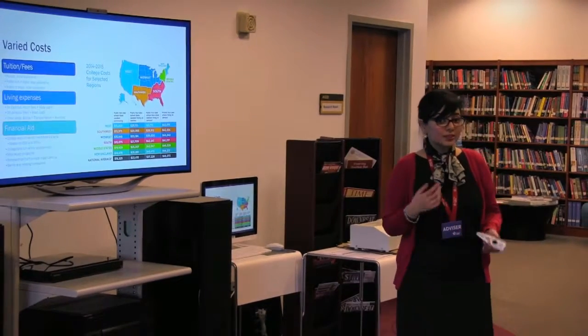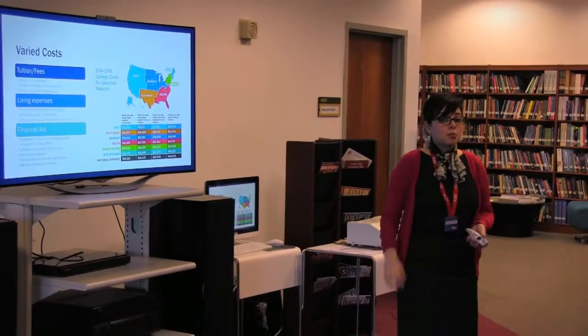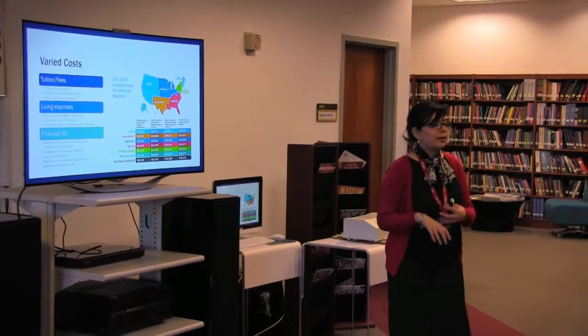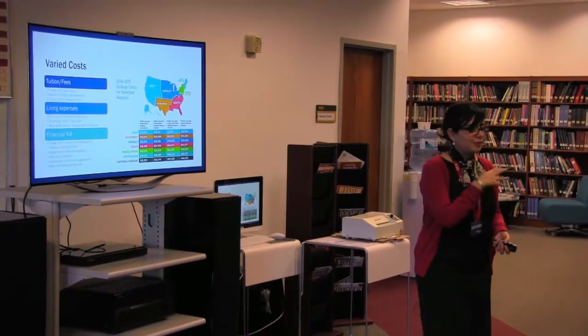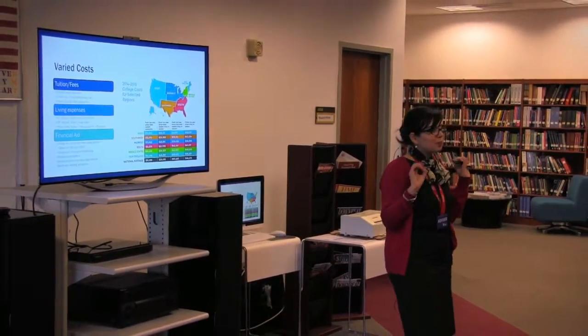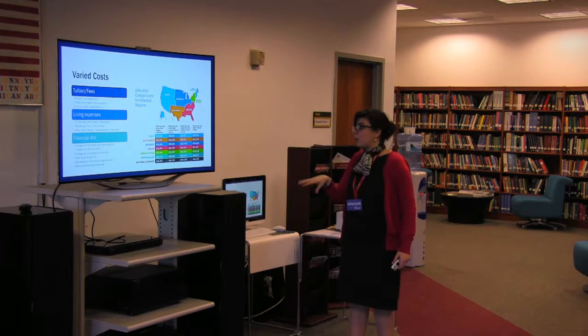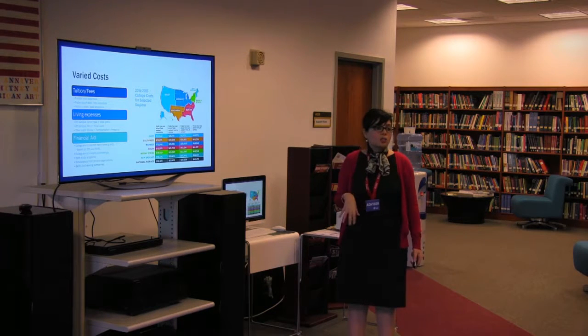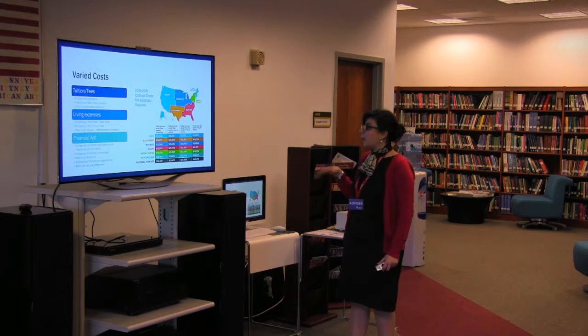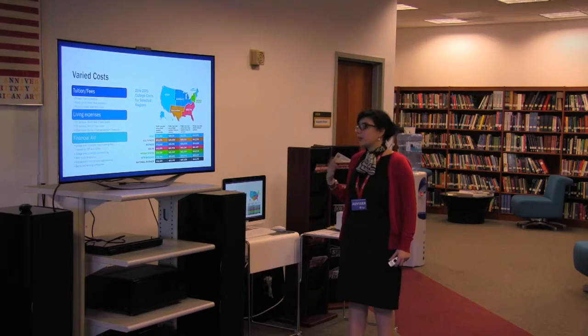And for some cities like New York, San Francisco, LA, Chicago, and all of those bling-bling cities, sometimes the cost of living is much more expensive than the tuition fees. Okay, so this gives you an idea about the approximate cost of living and the approximate non-state resident cost of living on campus.